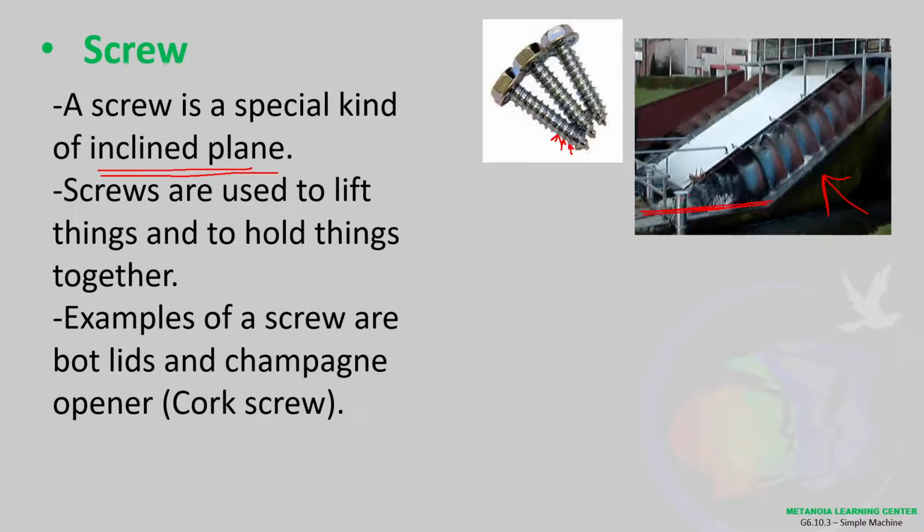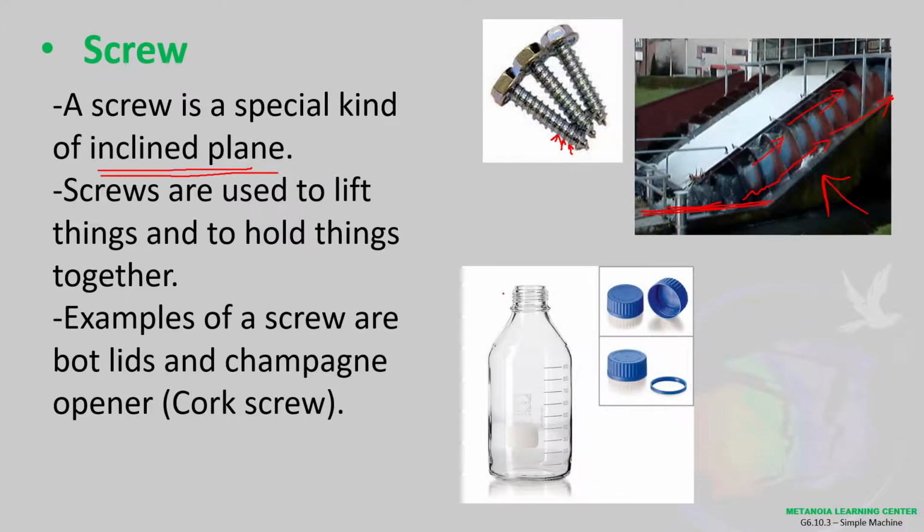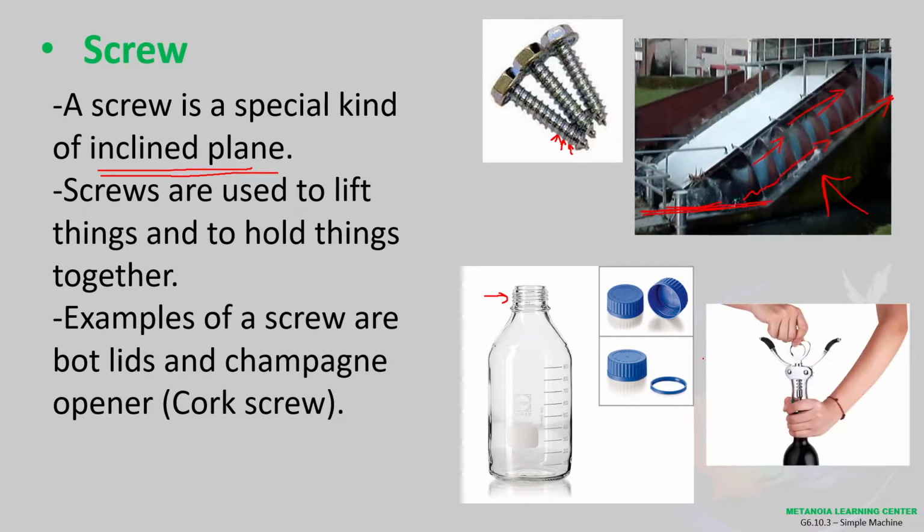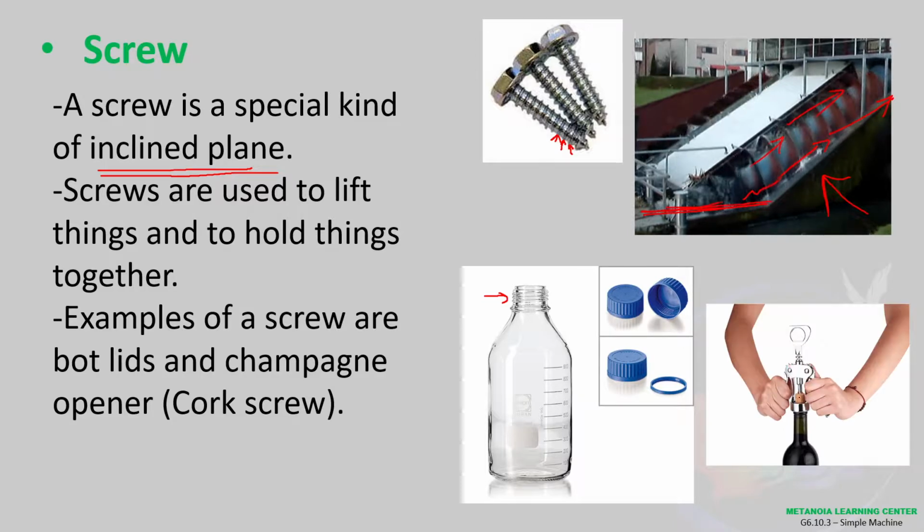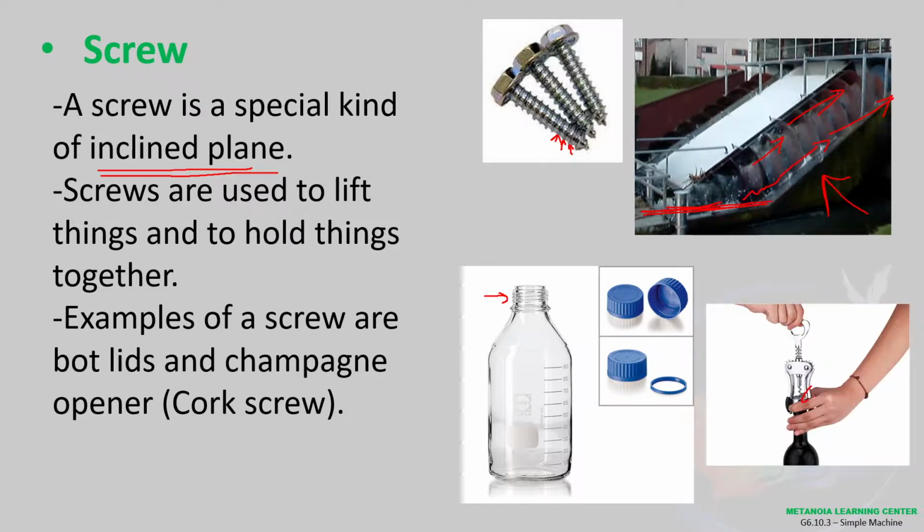So in this case, they're using this mechanism in which this water through the spiral, sumasama yung tubig pataas. Okay, so that's one way of making use of this simple machine, such as the screw method. Okay, examples of screw are bottle lids. Ito, very common yan, nandyan na yan. Champagne opener or corkscrew, tinatanggal yung part na yan dyan.